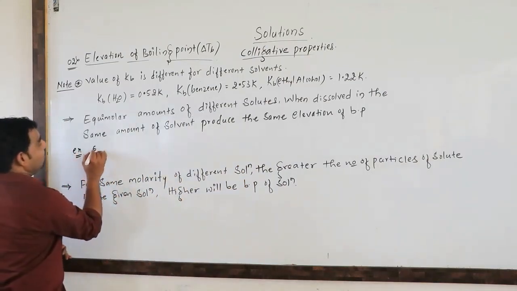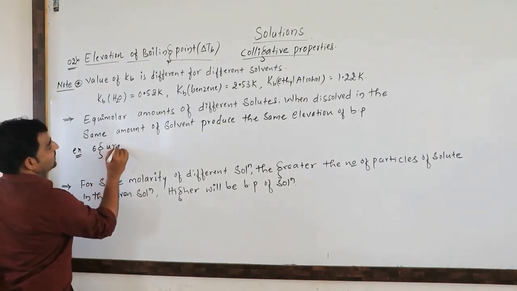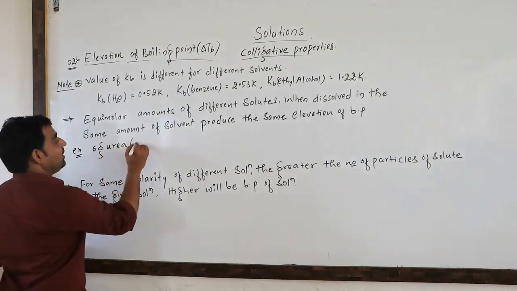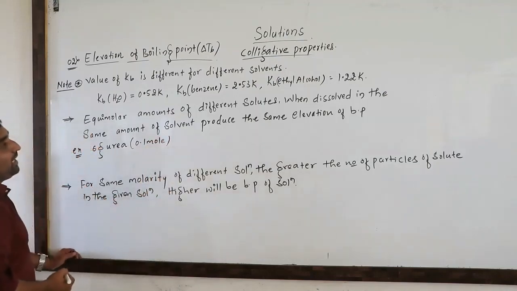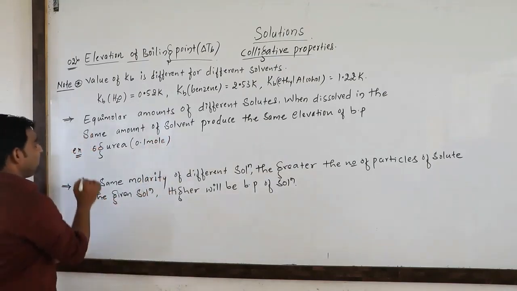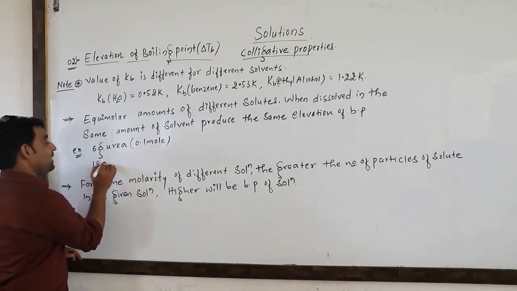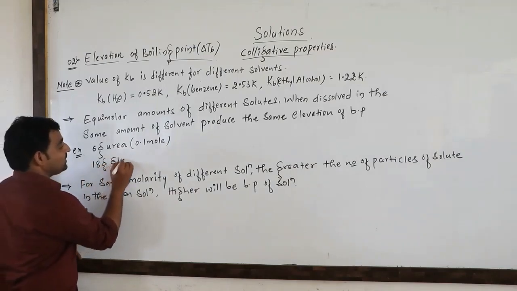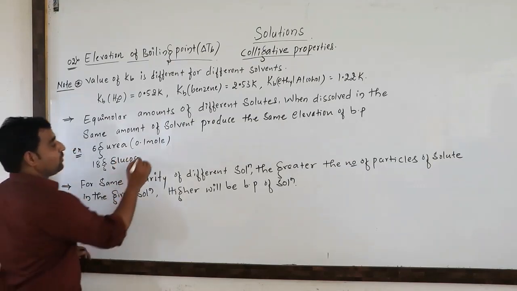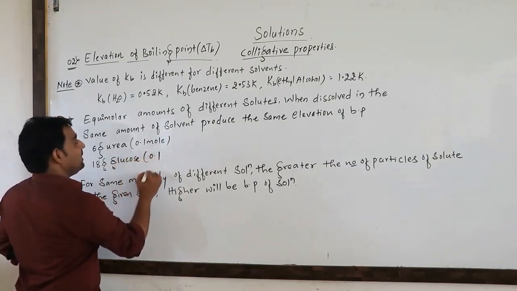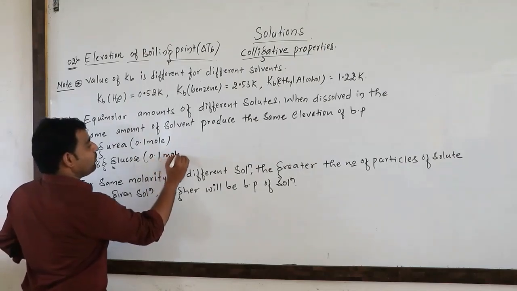Example, 6 gram of urea having 0.1 mole. You can take one more example, 18 gram of glucose, another solute, having the same equimolar amount, 0.1 mole.